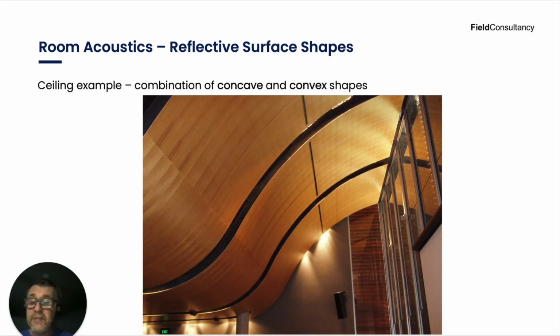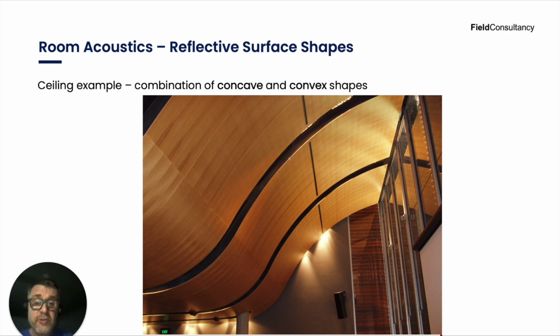Here's an example of a ceiling in a speech auditorium that was developed by an architect. It has a combination of concave surfaces in this area here, and a convex surface finish in this area here. As you can see, there's a loudspeaker at this end of the room, and this is the same end of the room as where the speaker would be speaking at a lectern.